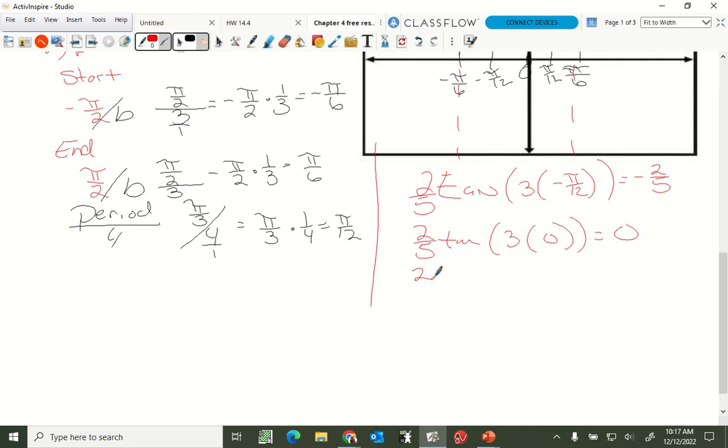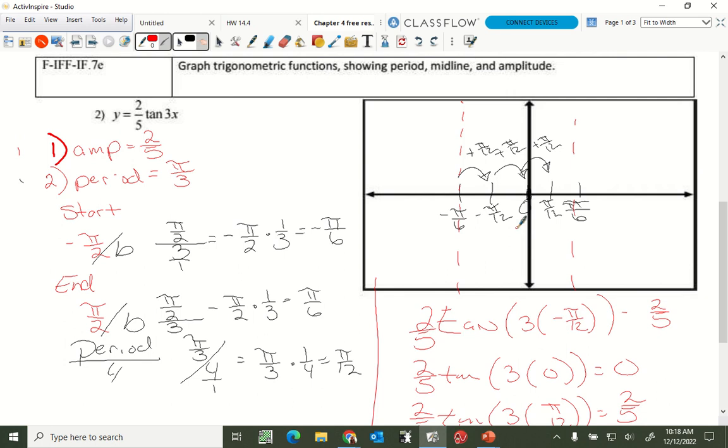My next one is 2 over 5 tangent 3 times positive pi over 12. It's going to give me positive pi over 4. Positive pi over 4 is going to be quadrant 1. My x and y are both root 2 over 2. They're both positive, so sine over cosine is going to give me 1. 1 times 2/5 is a positive 2/5.